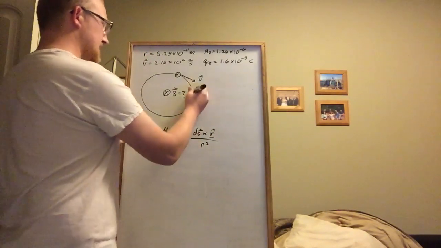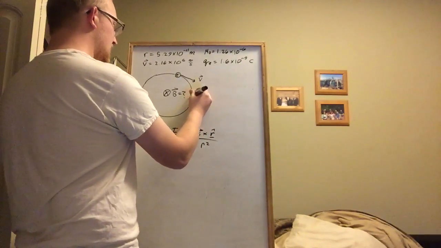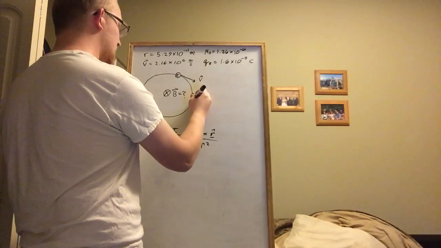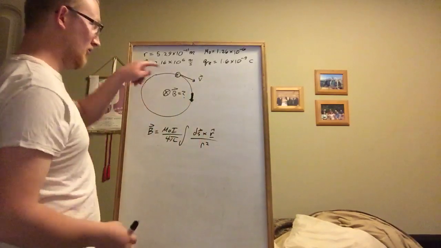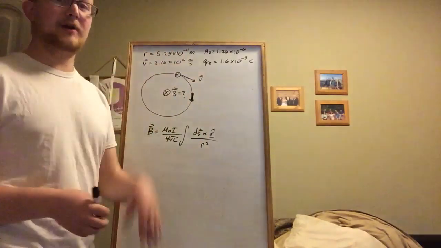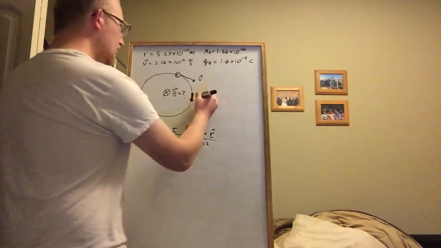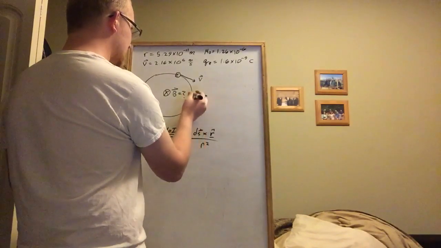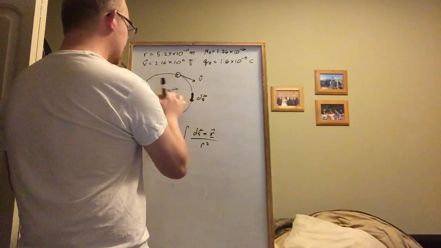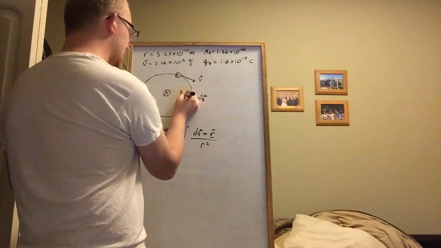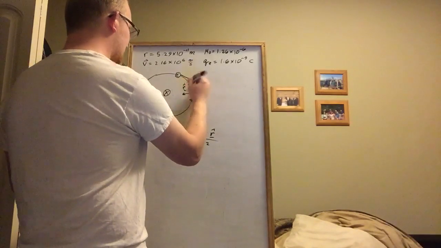So if the electron is here, we want its ds to point in the direction of the current. And of course, because the electron is whizzing that way, so is the current. So this is our ds vector, and pointing inwards towards the center is our r hat unit vector.